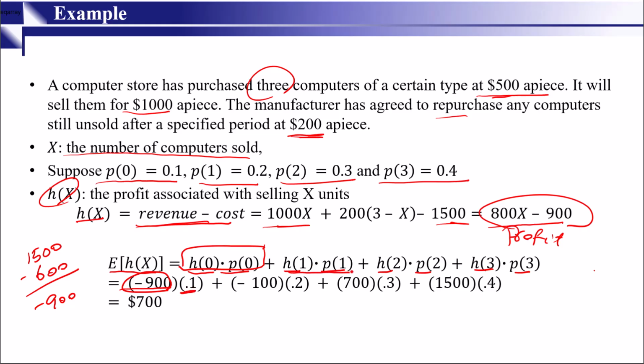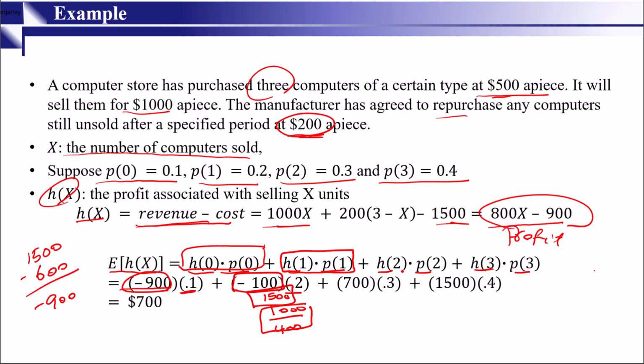Then in the case that he can sell one computer, he can earn 1,000. How much did he pay? 1,500, right? He can earn 1,000, and also when he returns two computers, he will get 400. He paid 1,500, but he earned 1,400, so he lost minus 100, right?